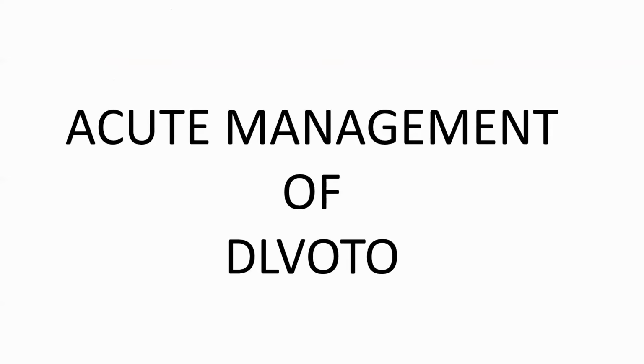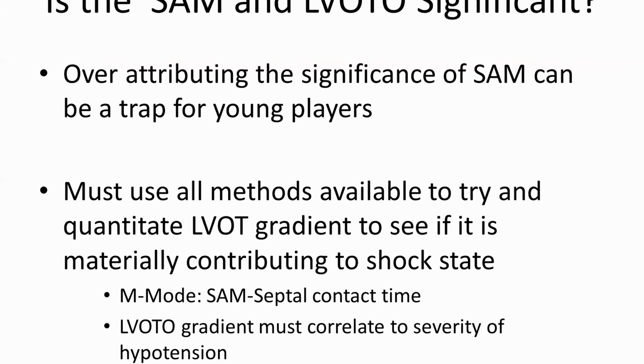So if we talk about the acute management of dynamic left ventricular outflow tract obstruction, the first thing is not to over attribute the SAM as the cause of all the ills of the patient. So in order to do that, you've got to try and quantitate the degree of outflow tract obstruction.